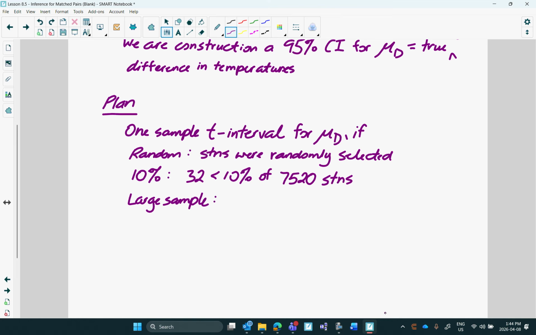Large sample? What would I say? 32 greater than or equal to 30. Good.